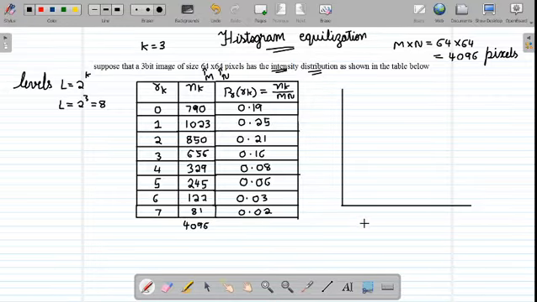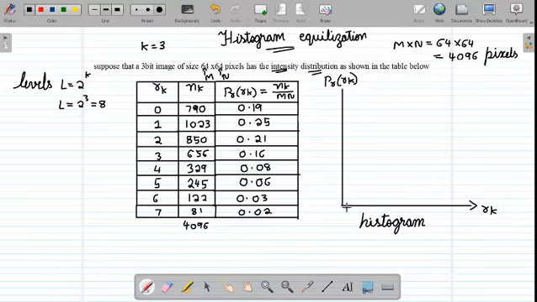So know that in order to draw the histogram, we require RK, and here it is probability of RK.